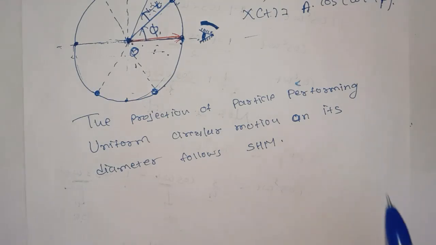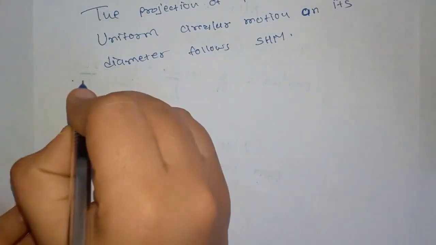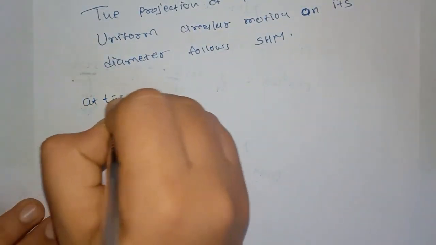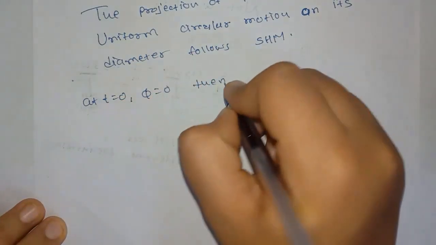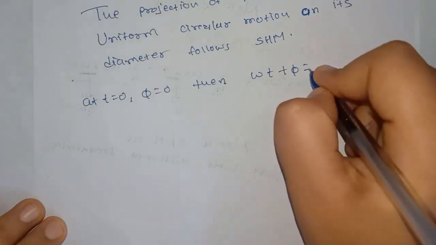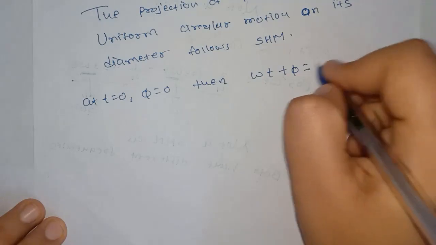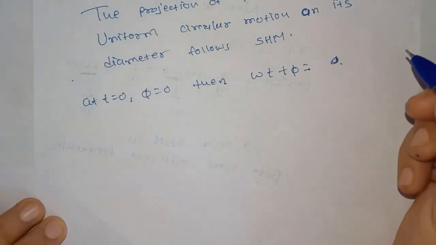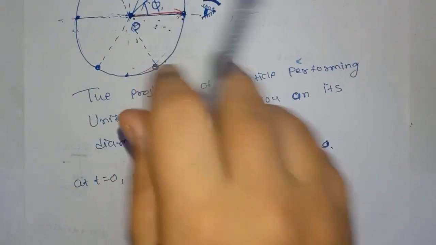Now, if at t equals 0, phi equals 0, then omega t plus phi will be equal to 0. So in that case, the particle will start from this point.